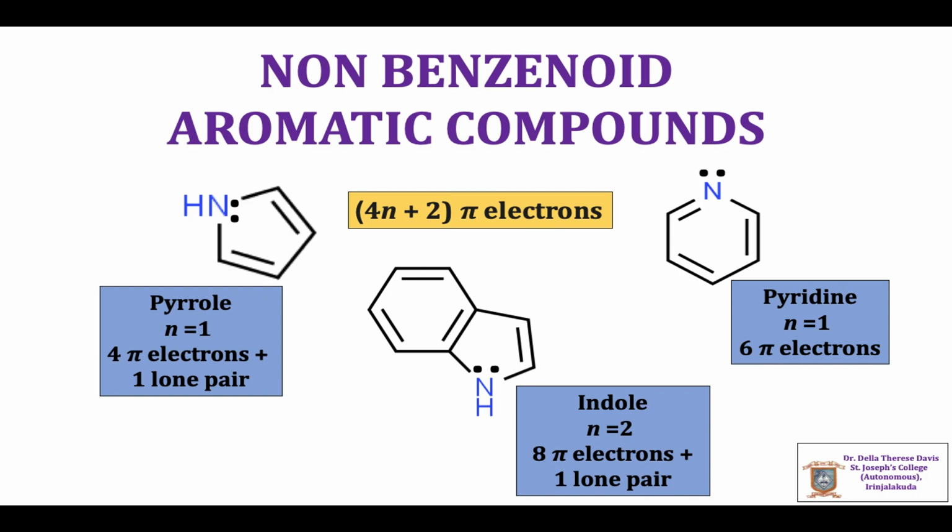The number of rings in indole is 2. So substituting 2 in 4n plus 2, we get total as 10, and indole has 10 electrons for delocalization, and hence the molecule obeys Huckel's rule of aromaticity.